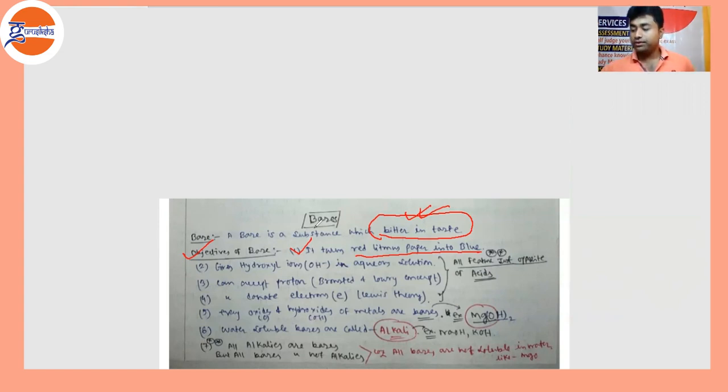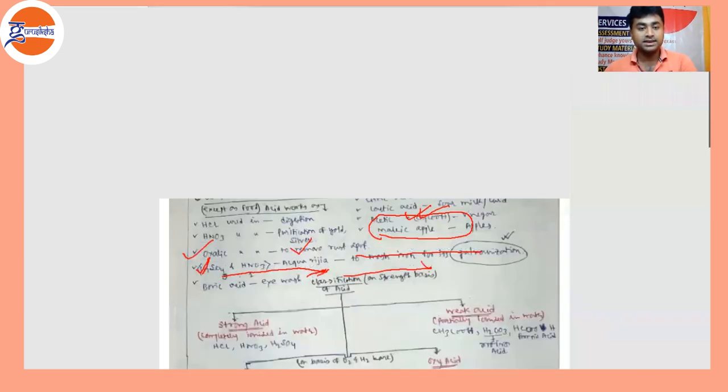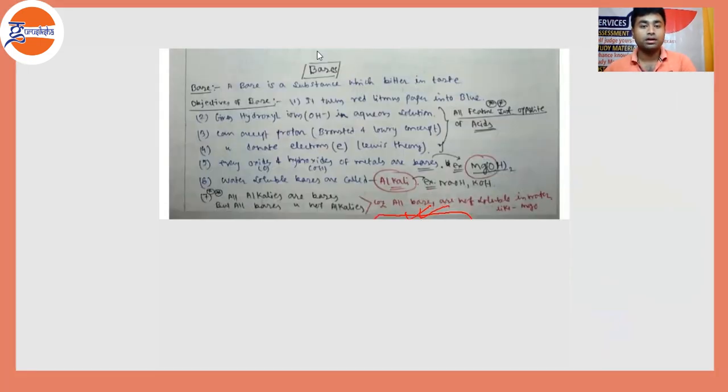Okay, so going to the second part, a base provides hydroxide ions in aqueous solution. In acid, it is the opposite: it gives hydrogen.